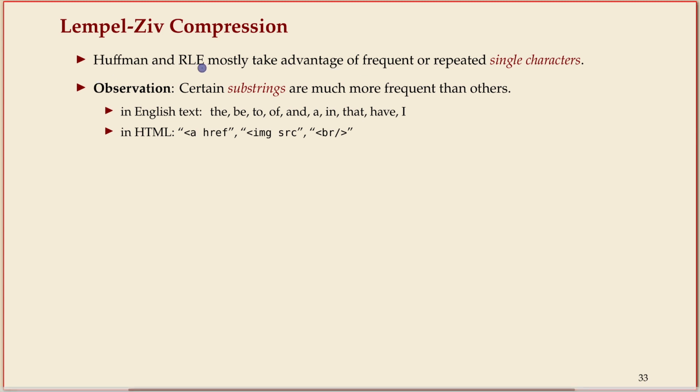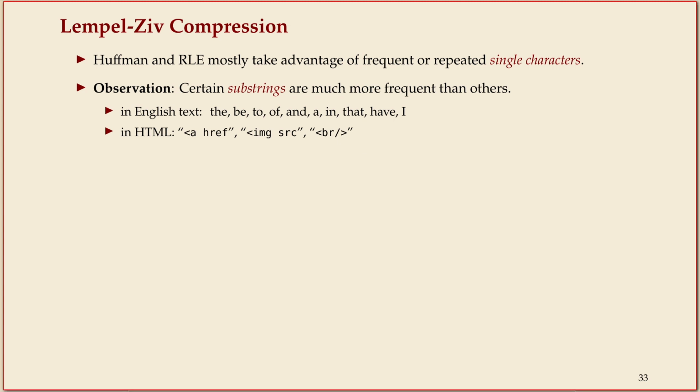What we've seen so far is single characters, and what we find in many texts is that there's substrings that are more frequent than others, not just single characters. I just wanted to list a few more examples to make that concrete. If you have English text, there's some frequent words that just occur all the time. If you have HTML web pages, then there's certain fragments of HTML that you'll see many times.